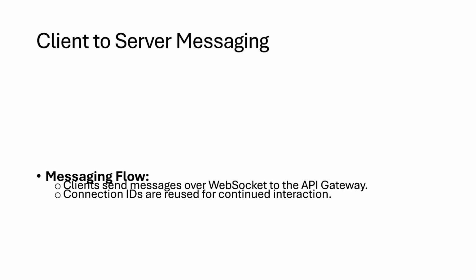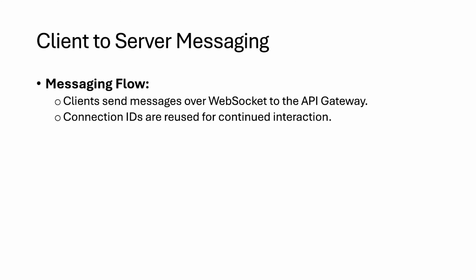Moving on to the next slide, client to server messaging. We have already seen client to server many times. Here is how the client sends a message to the server. When the client sends a message, it goes through the API Gateway, which forwards it to the appropriate AWS service.